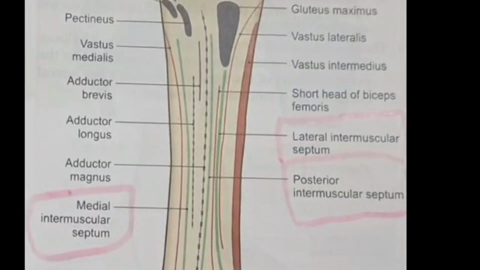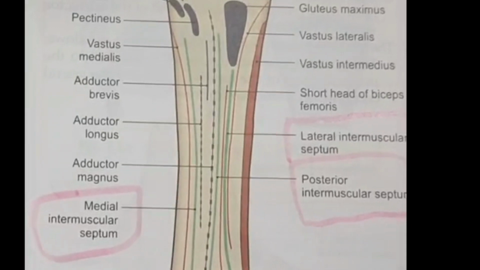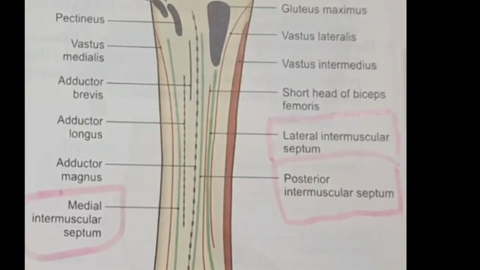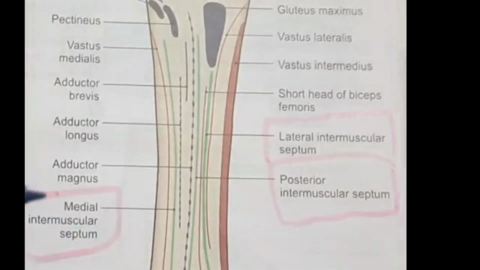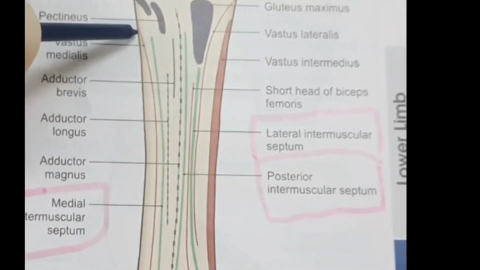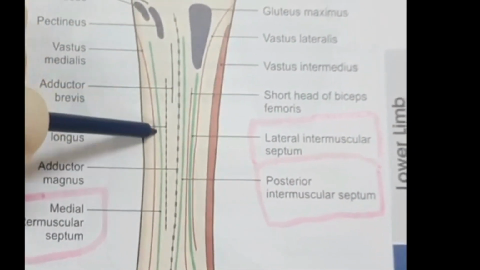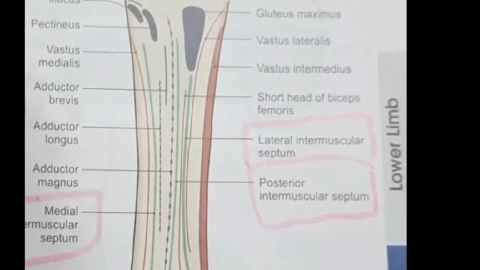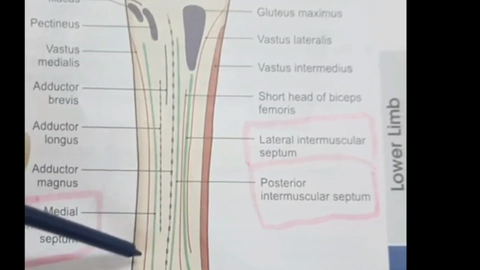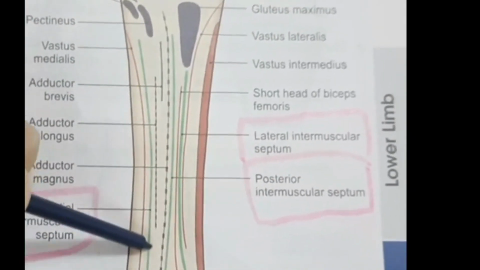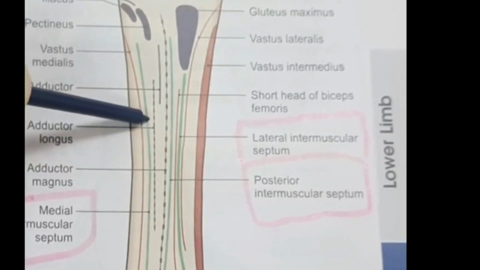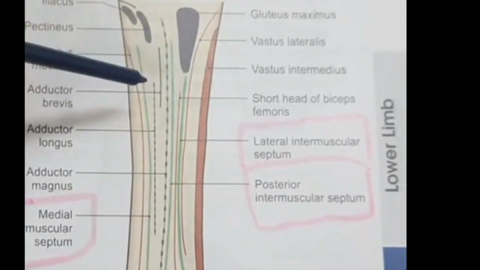So if we see combinedly, there are all three intermuscular septa and muscles. If we revise them from medial to lateral, first there will be vastus medialis along the line of the linea aspera medial side. Then there will be medial intermuscular septa that will separate the medial compartment from the front compartment.